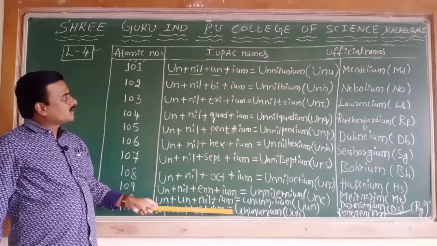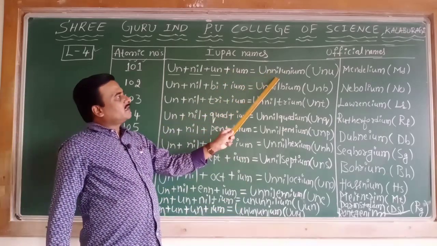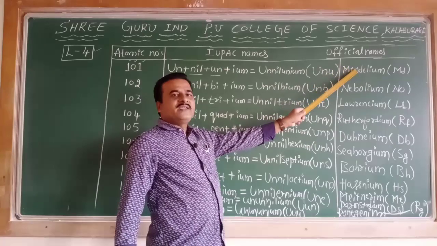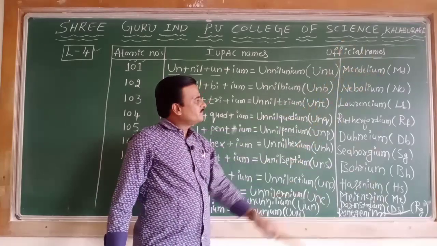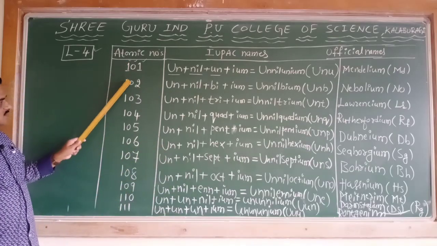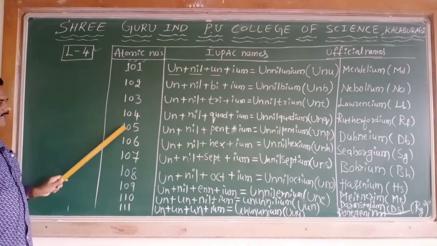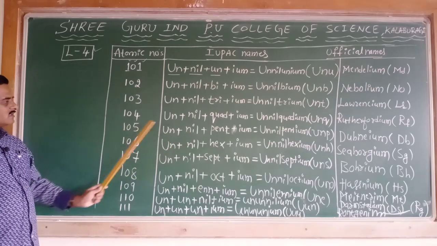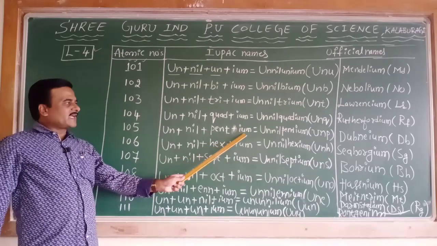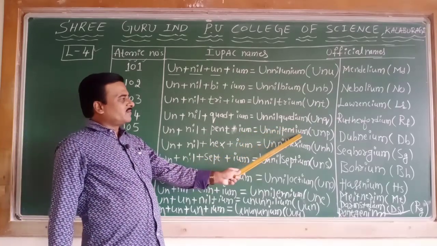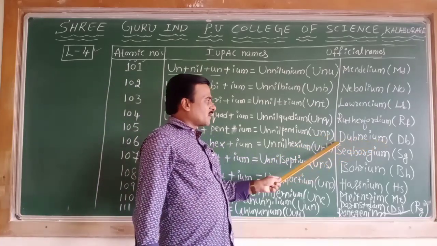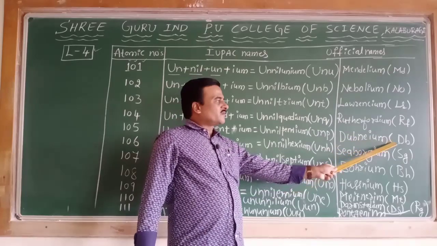So unnilunium, symbol Unu. Official name mendelevium, symbol Md. Next, 105: first digit 1 un, 0 nil, third digit 5 pent plus ium. So unnilpentium, symbol Unp, and the official name is dubnium with symbol Db.